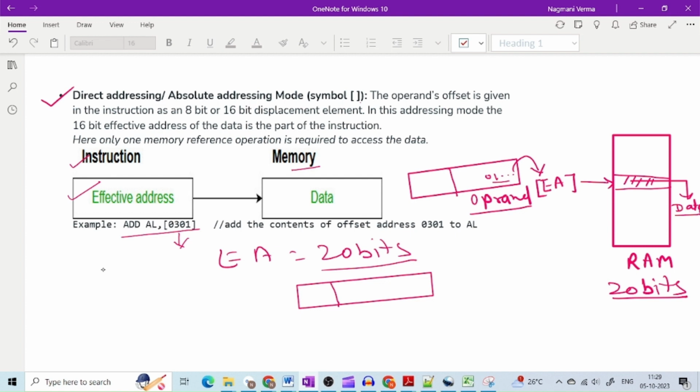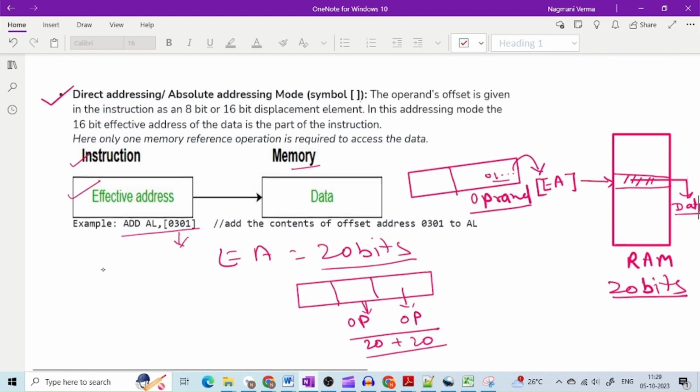So this is the opcode and this is one operand, this is another operand. If this is the case, then 20 plus 20, so 40 bits only for the operands. So this will become a lengthy instruction.